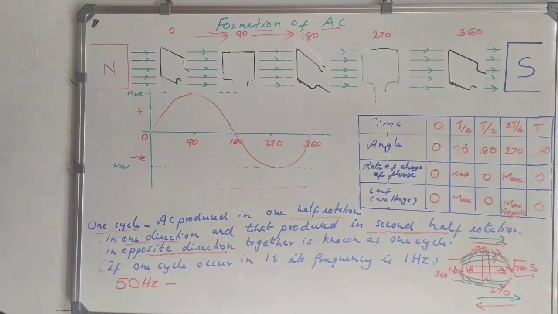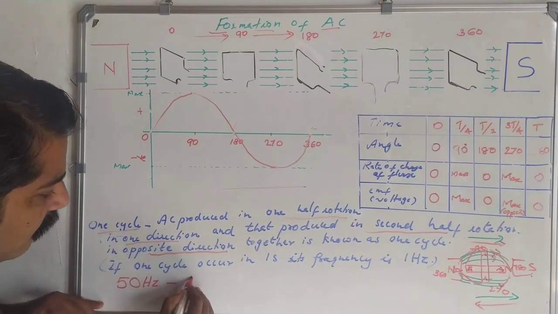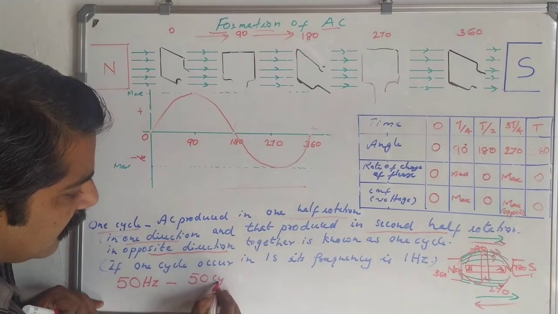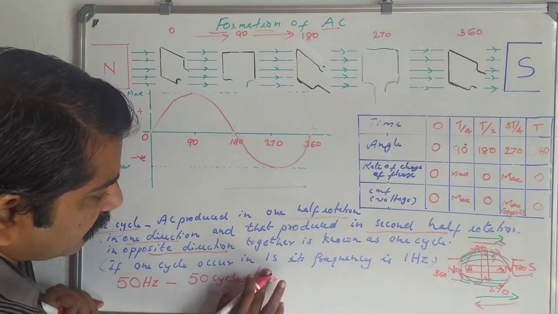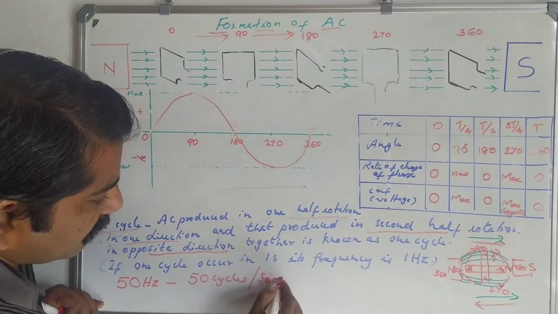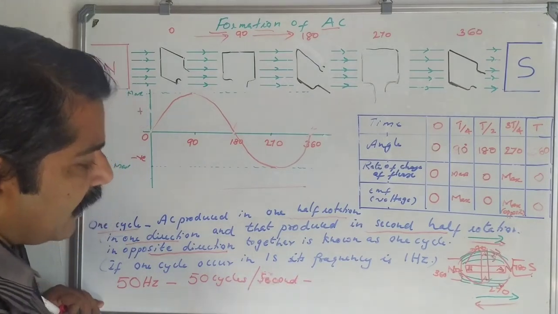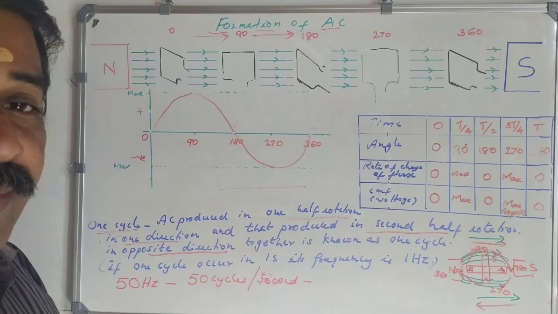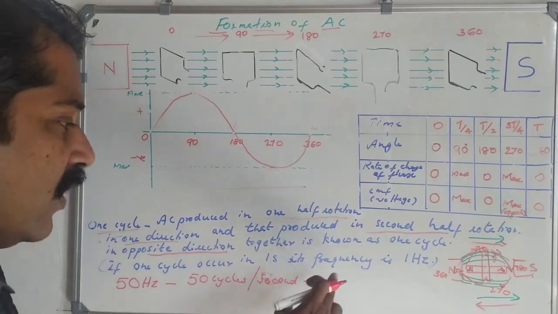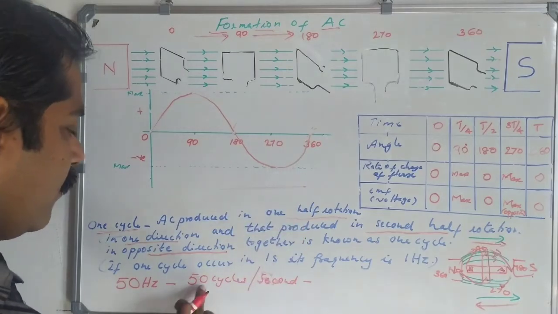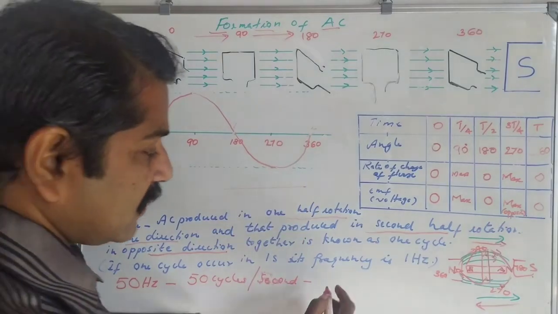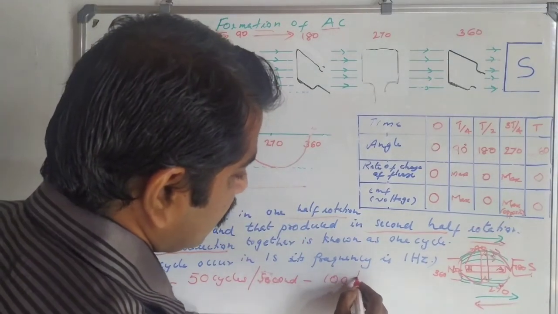That means 50 cycles per second. That means how many times does it change its direction? In one cycle, it changes 2 times. So in 50 cycles, it changes its direction 100 times.